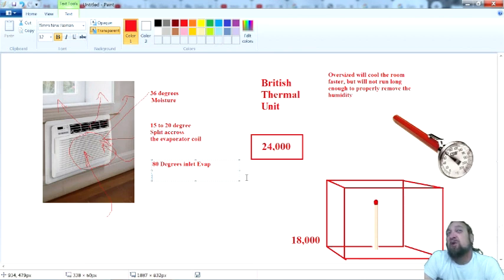So if I'm looking for a 15 degree split, it's the same as a 15 degree difference. What should it read? 65 degrees. So the air coming out of the evaporator should be 15 degrees colder.